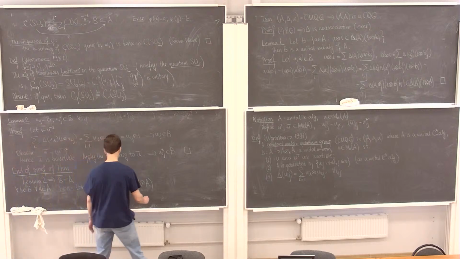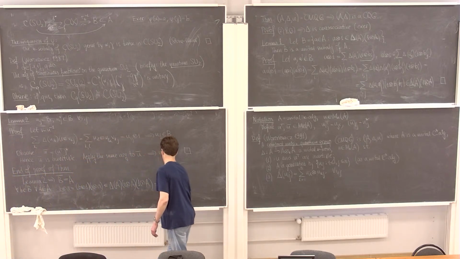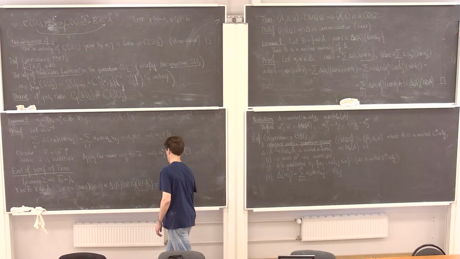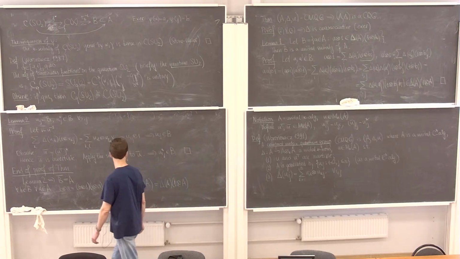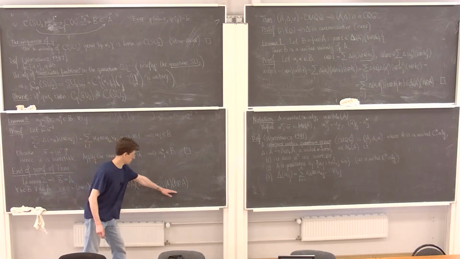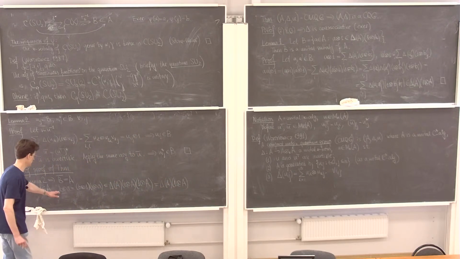So as a result, we see that this belongs to delta of A times 1 tensor A. And so the space delta of A, 1 tensor A contains all elements of this form.